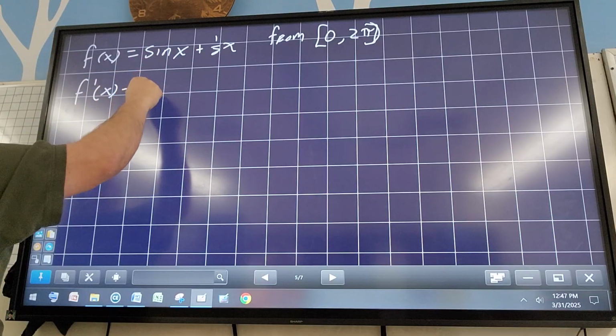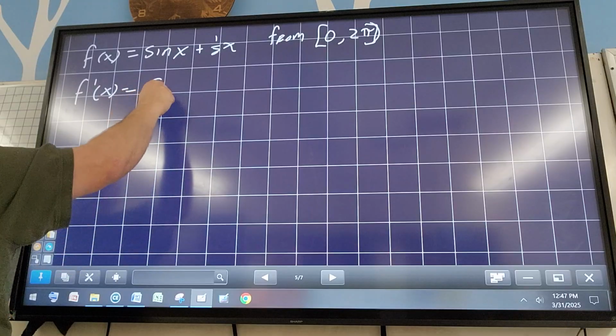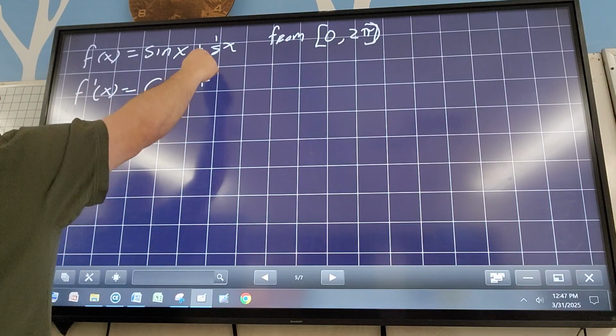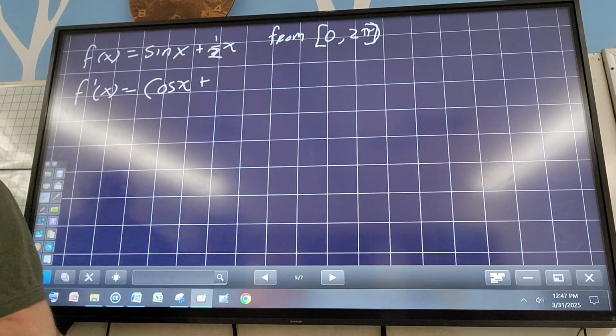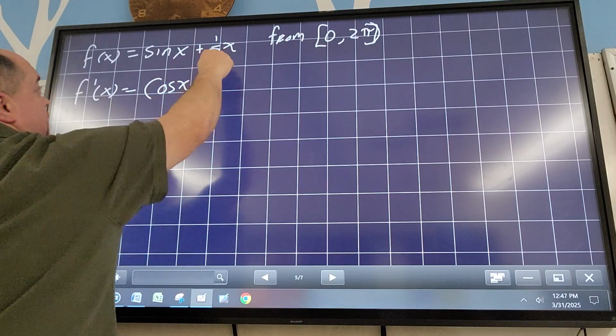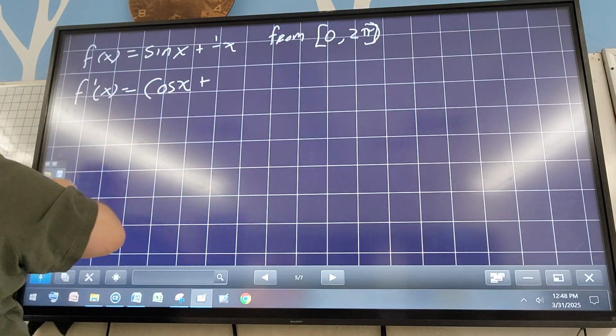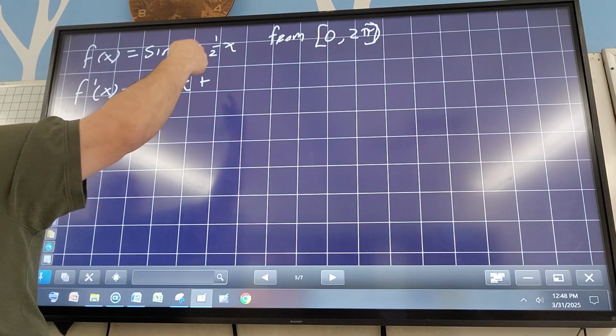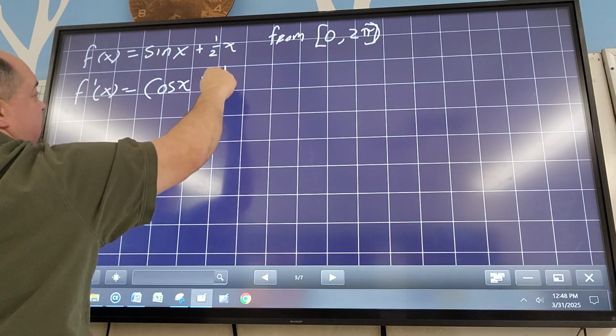So the derivative of sine is cosine. And the derivative of 1/2 x is 1/2.